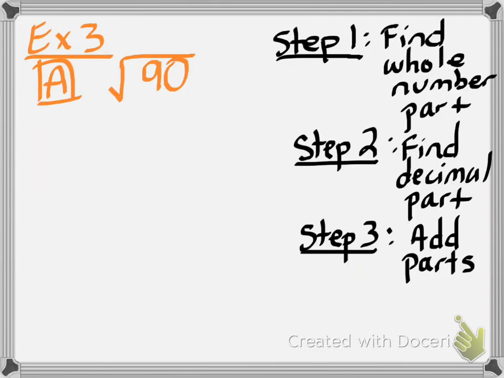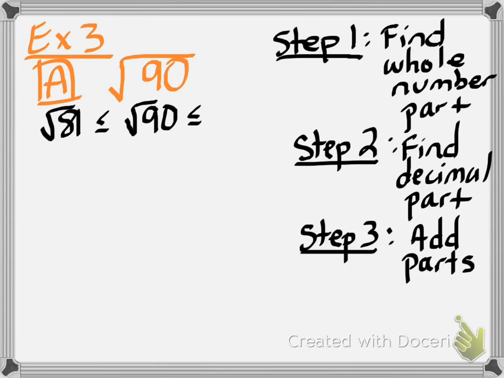There are 3 steps, and that's what we're going to be doing in this video. Step 1 is find the whole number part. The square root of 90 is bigger than the square root of 81. You want to put it between 2 perfect squares, something smaller than it and something larger than it.